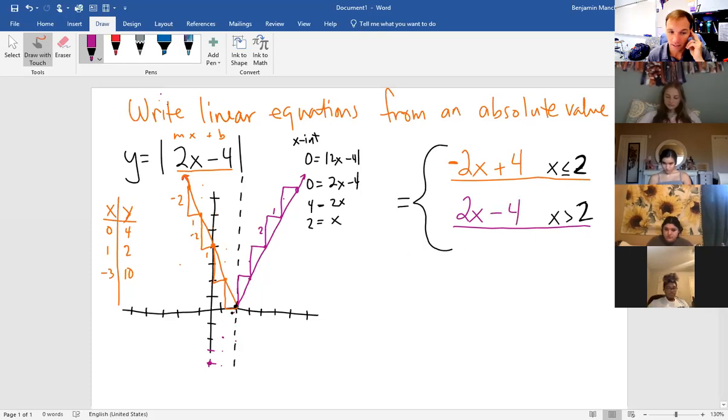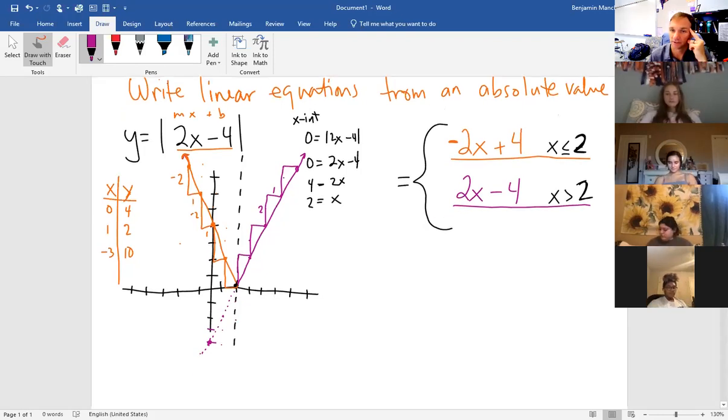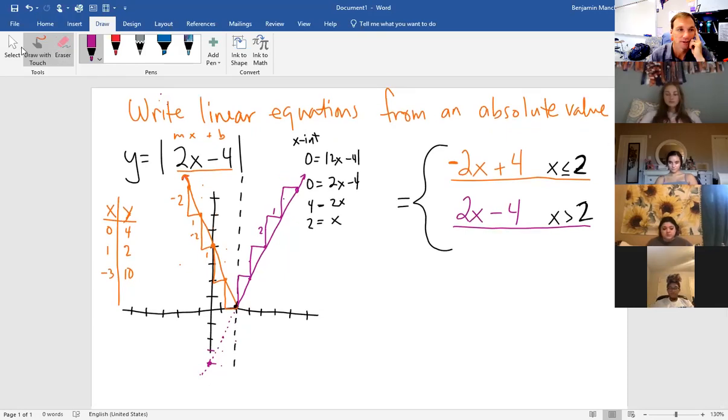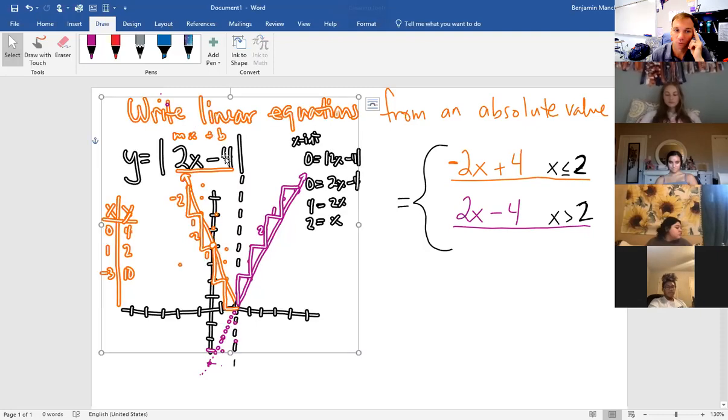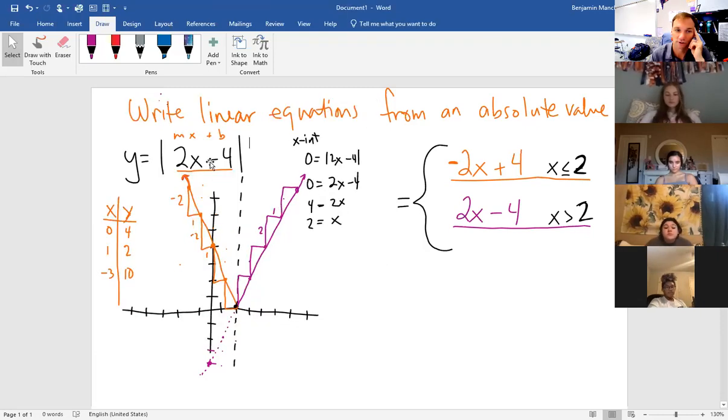If we were to have continued this purple line all the way down until it hits the y-axis, it's at -4. Now take a look. I want you to make some generalities from this, if you notice. We had started with a 2x minus 4 linear equation inside of your absolute value.